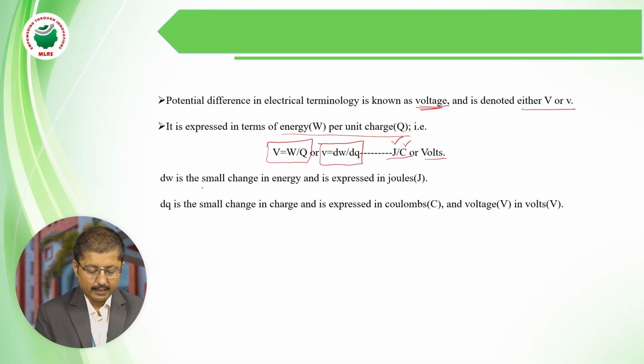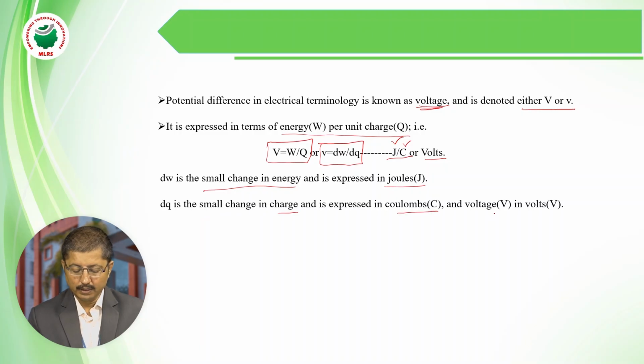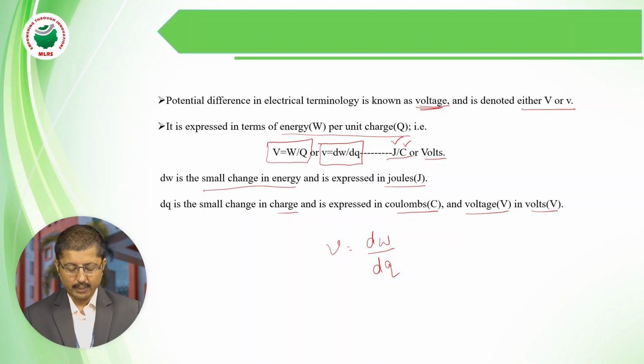Here dW is the small change in energy, expressed in joules, and dQ is the small change in charge, expressed in coulombs. Therefore voltage is expressed in volts, and V is dW divided by dQ: the amount of energy required to move the charge from one place to another, which we call potential difference or voltage.